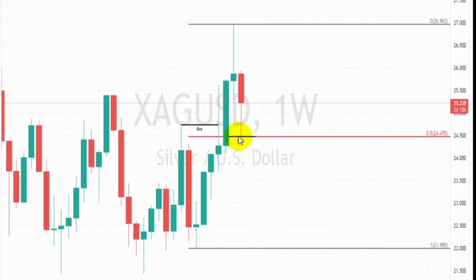The market was bought up at equilibrium price, not too cheap, not too expensive. So it was a very good price. Silver was bought up from this level right here.